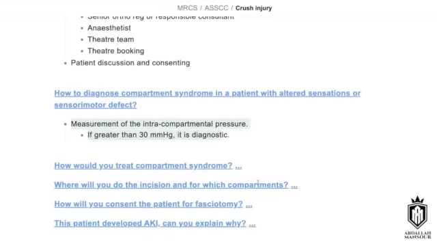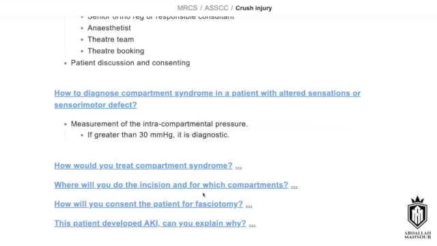How would you treat compartment syndrome? We already said that, right? We'll treat compartment syndrome by following the CRISP protocol in an A to E manner, ensuring that the patient is stable and focusing on the circulation. We ensure the patient is adequately resuscitated with IV fluids, and we'll send off some bloods in the meantime: full blood count, U&Es, creatine kinase, in addition to putting in a catheter.